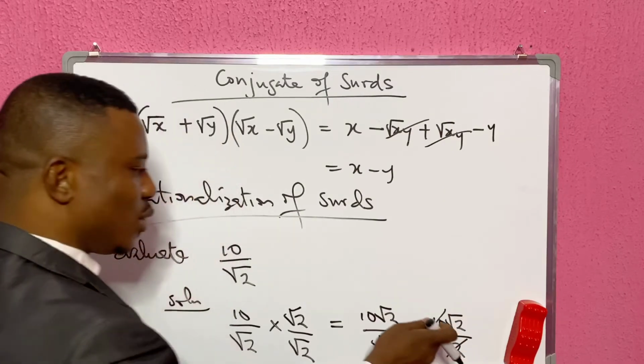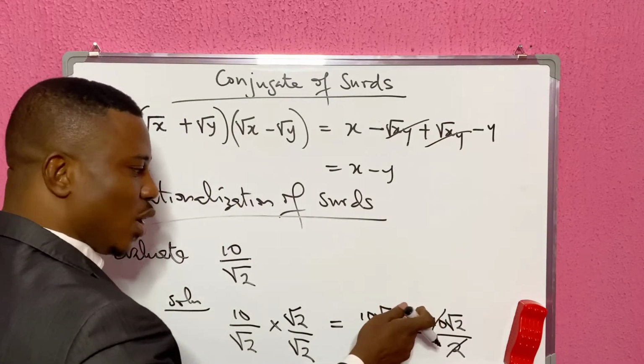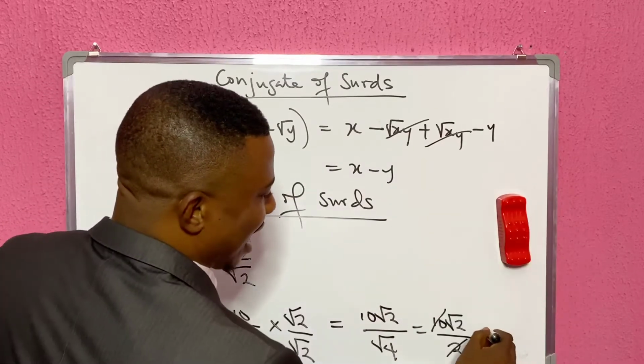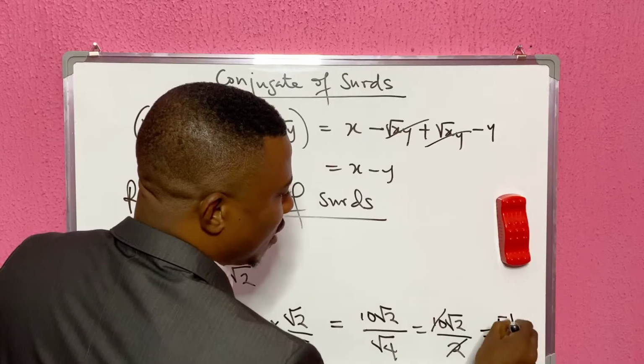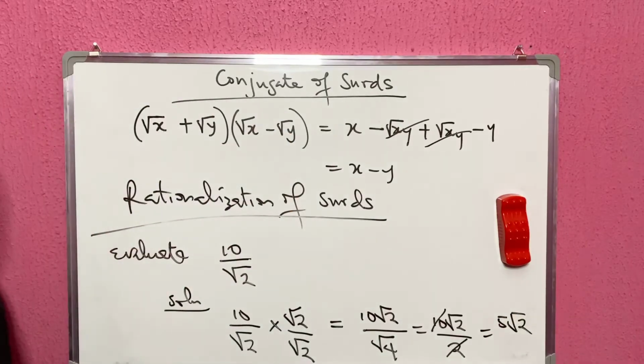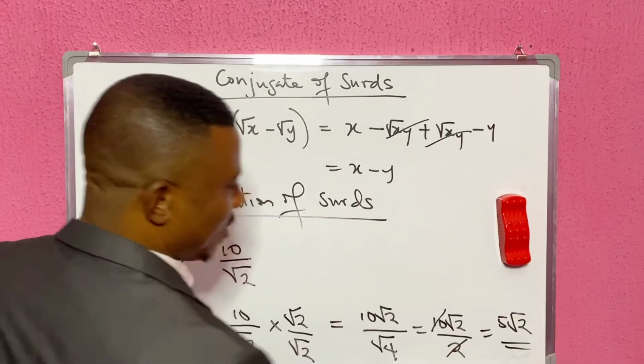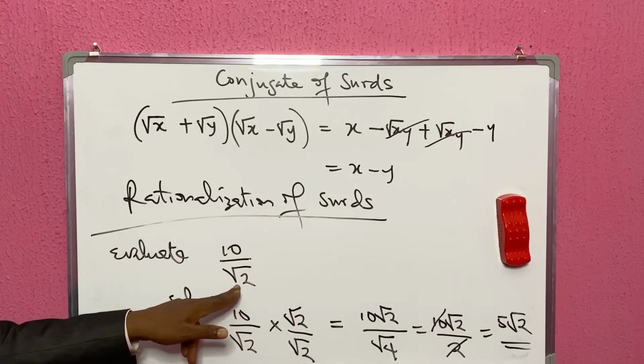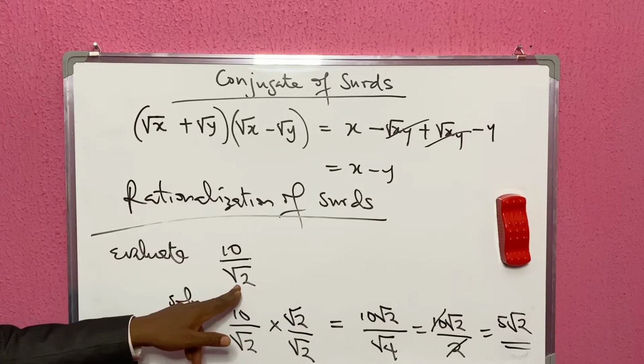You can only cancel 10 outside the surd and 2 that's not in the surd to have your final answer as 5 surd 2. It is that simple. This is called rationalization of surd. What you do to make sure that the irrational denominator is removed.